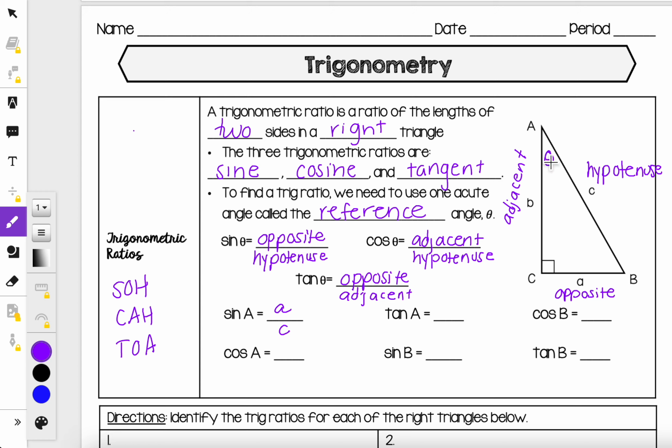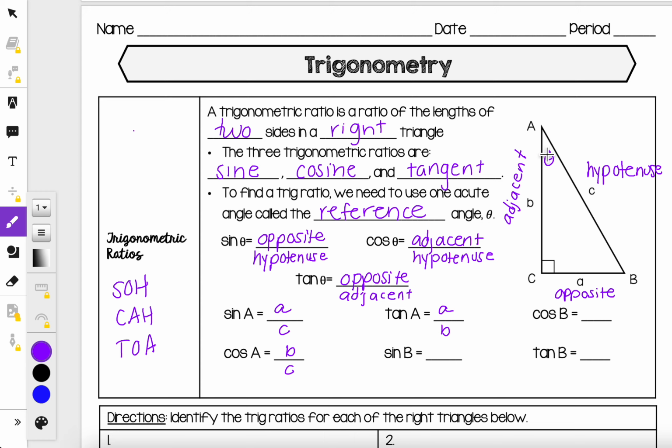Cosine of A is your adjacent over hypotenuse, or B over C. And then the tangent of A is going to be your opposite over your adjacent, or A over B. Now, that was all with my reference angle of A.